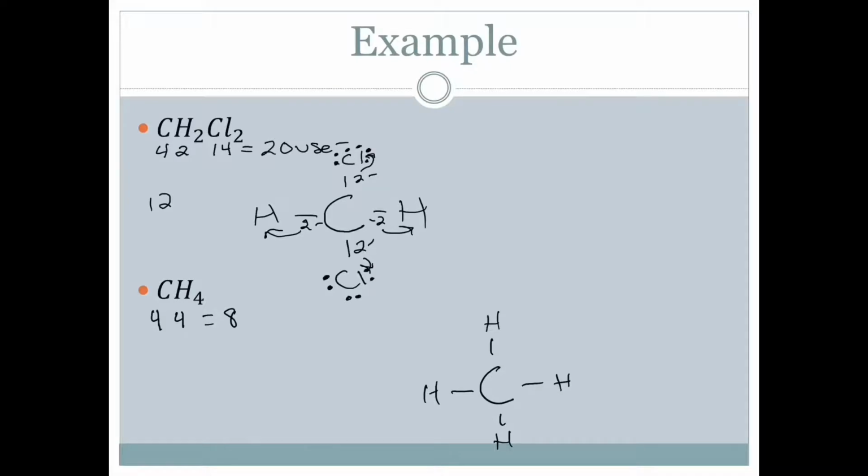Well, we might be done. Let's count. There's 2 electrons to this bond, 2 here, 2 here, and 2 here. So it looks like our hydrogens are all good. And our carbon, we've got 2, 4, 6, 8. We're good. We've completed our octet and used all of our electrons.